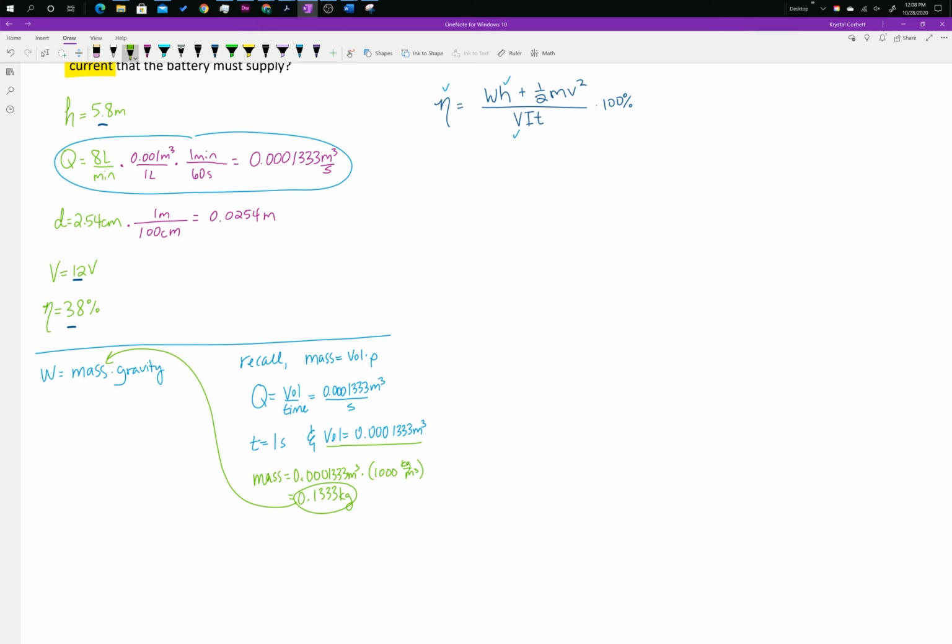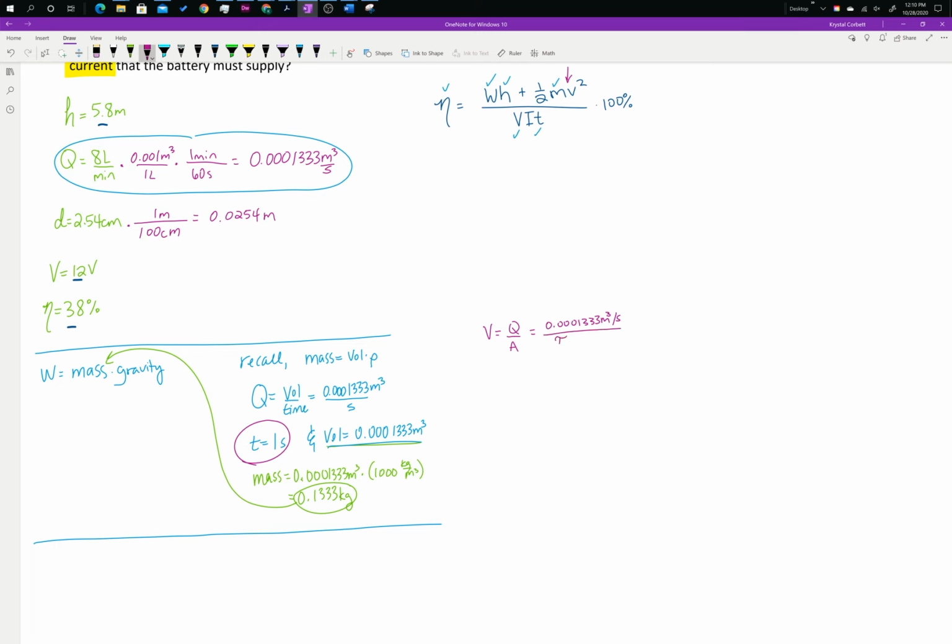So now we have our mass, which we can use to plug into our weight equation in order to find the weight. Additionally, we have time. What is the time that we set for this volume? 1 second. Because we use 1 second here, we also need to use 1 second in our efficiency equation. The last thing we need to find is this velocity term. Recall that velocity is equal to flow rate over area. If we have flow rate, which is 0.000133 meters cubed per second, we just divide it by the cross-sectional area of the exit tube of the nozzle.